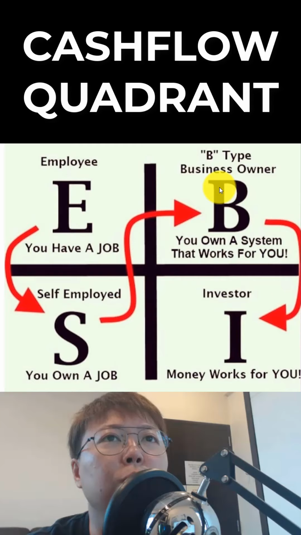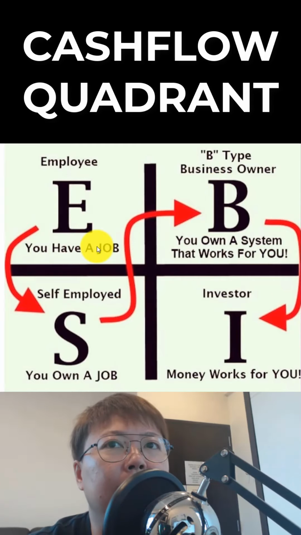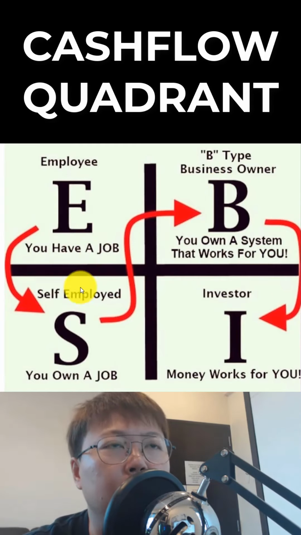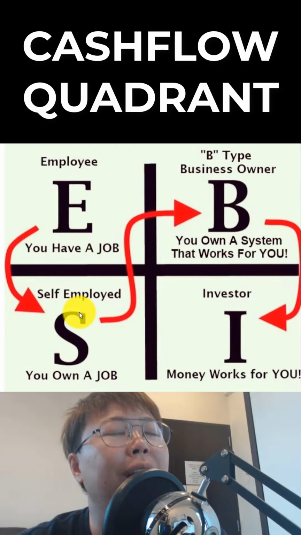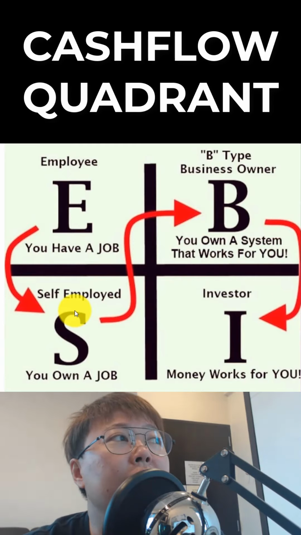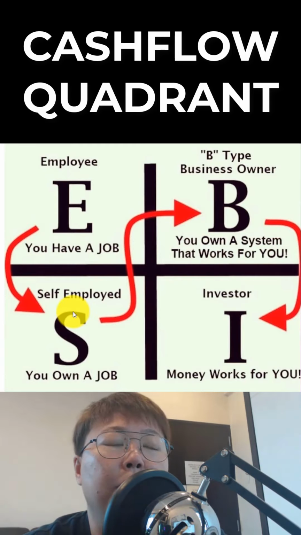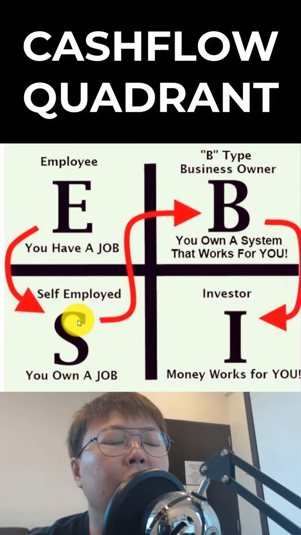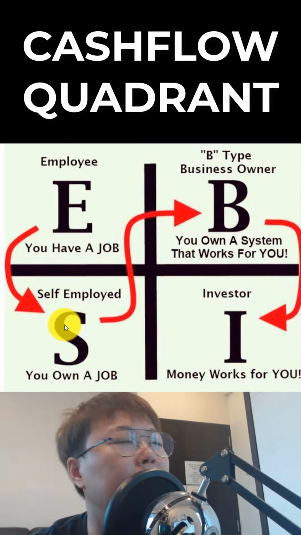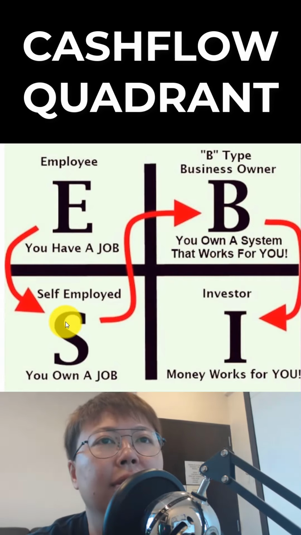If we want to be better in life, achieving more and more financial freedom, we should be educated on the differences, and we need to build our own skills and our own mindset, because every quadrant requires different skill sets and a different mindset.